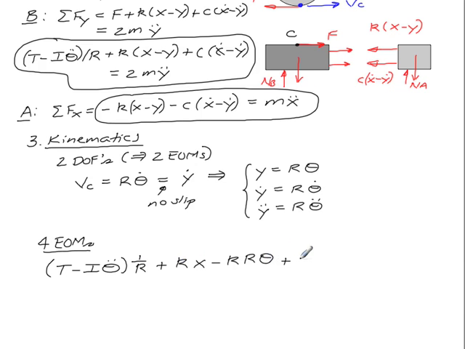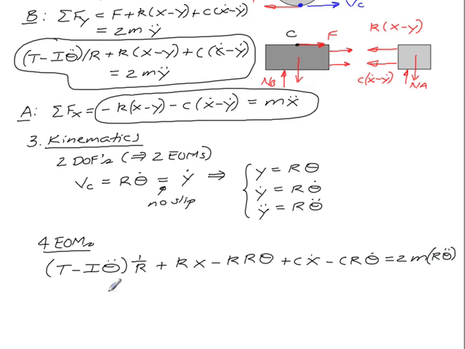We have cx dot minus cy dot, that's c r theta dot, is equal to 2m y double dot, that's r theta double dot, like that.